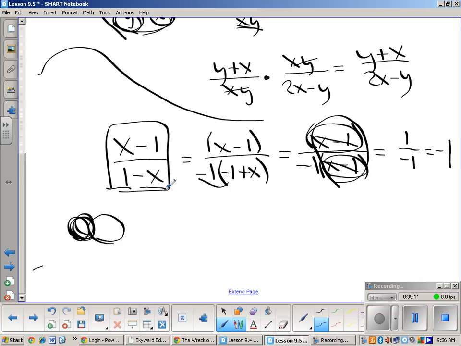But at some point in your factoring, you may end up with this concept. It may not look exactly like that, but it will be that concept. And so we have the same numbers top and bottom, they just switch signs. And so to switch those signs back so we can simplify, just factor a negative 1 out, and then you can simplify. Okay?